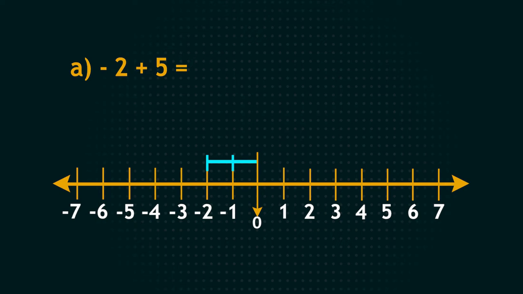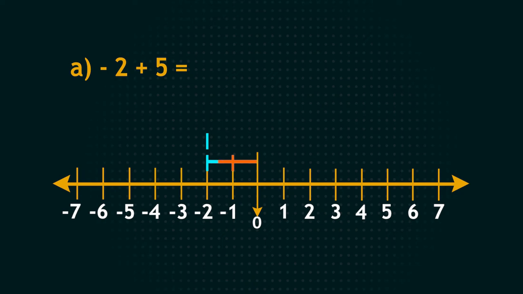Then, if there is a plus, it means that is a positive number, so you have to now change the direction and face the positive direction. So, after now standing at negative 2, that is where you have stopped. You have made 2 steps facing the negative direction, that is the left side of 0.